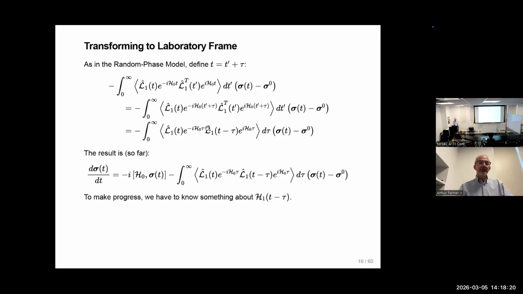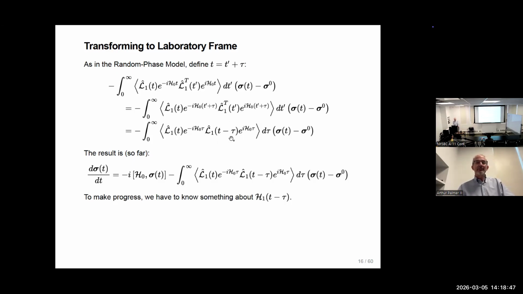But I'm left with these bits that depended on tau. So I'm back in the lab frame, that's great, but how does L1 of t minus tau transform under the unitary transformation e to the minus h naught tau?